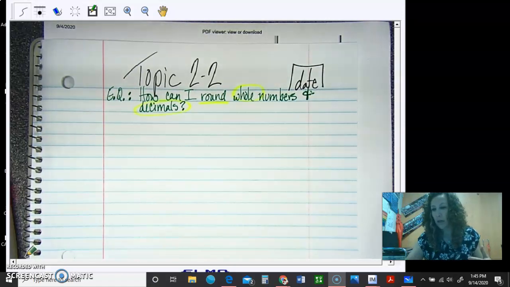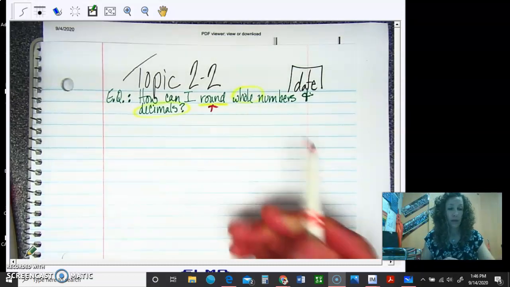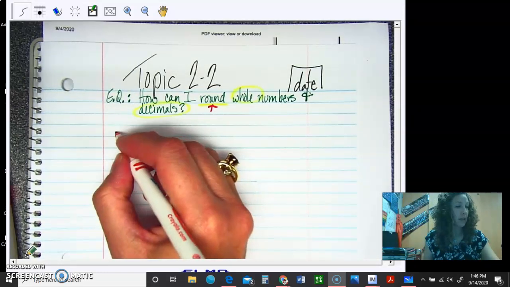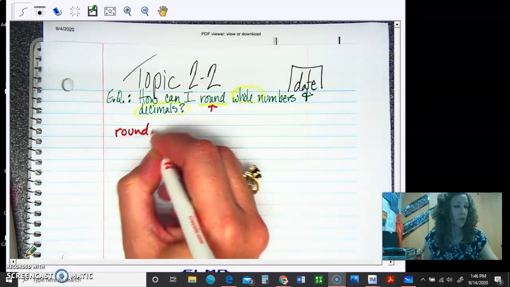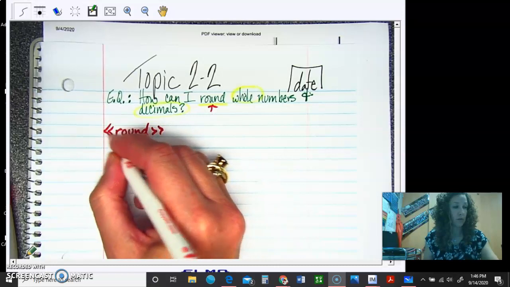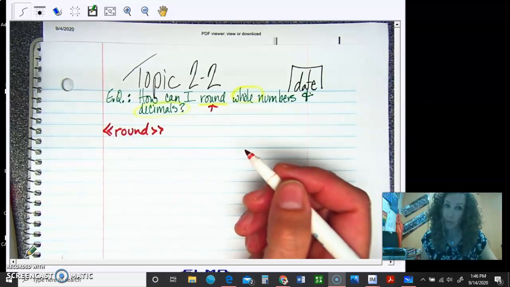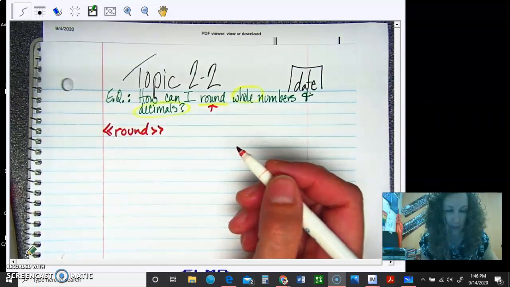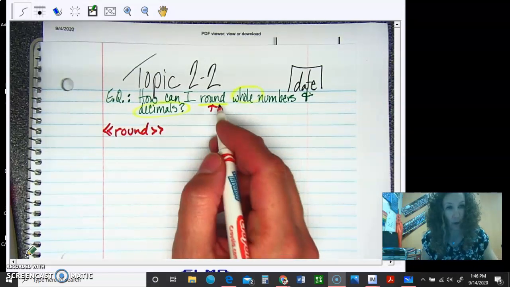So those are the key words that we're going to be keeping in mind. Now, here's some words when you read a word problem that will tell you that you are going to be rounding, okay? So it might say, round, please round this number, okay? That one should jump out and slap you in the face when you see it, because it says to round, so you know to round, right?